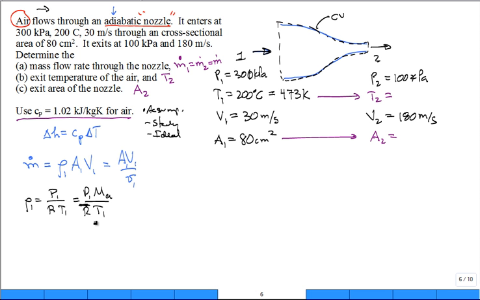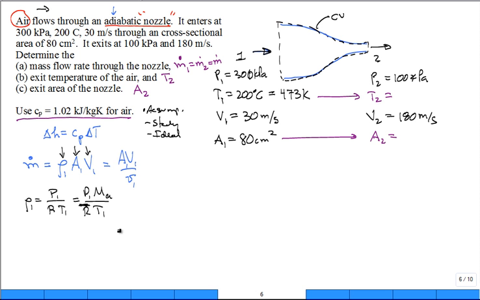You like it? Yes. Get good at this, okay? Get good at it. You don't need to make errors on this. So that's how you calculate rho 1. A1 was given and V1 was given. I think you can finish it out, or do you want numbers? Do you want numbers? Yes. Okay, I got to get my notes. All right.